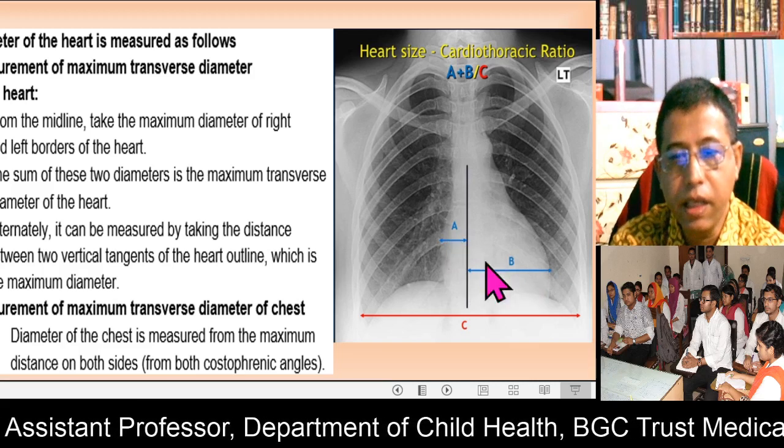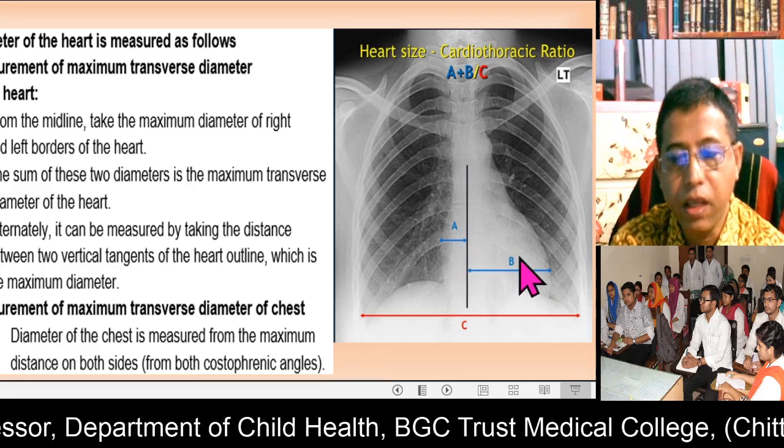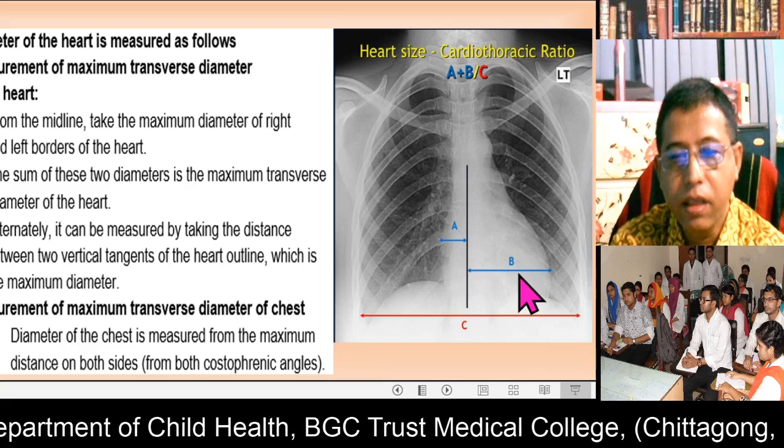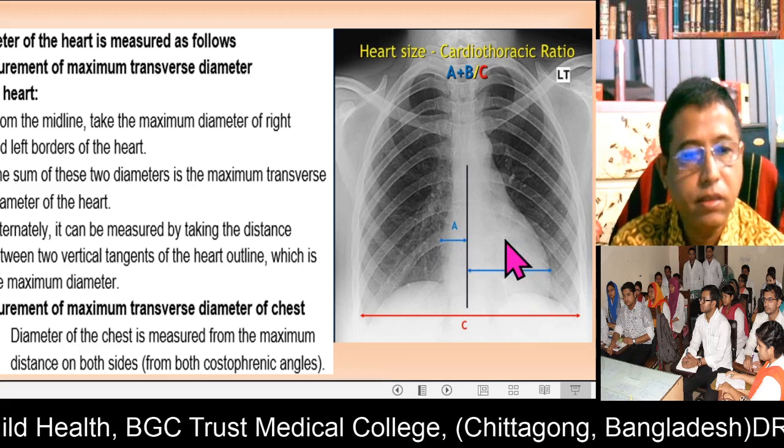Say it is A and it is B, and the summation of A and B indicates the maximum transverse diameter of the heart.